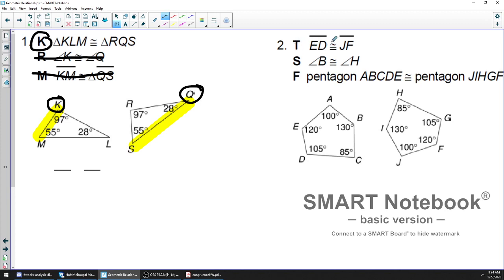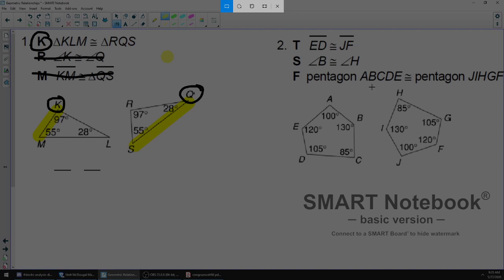Is ED congruent to JF? So let's look at ED. So it's this short side between 120 and 105. Let's look at JF. No, this one is between 100 and 120. Doesn't look right. Now, let's just make this maybe a little easier.